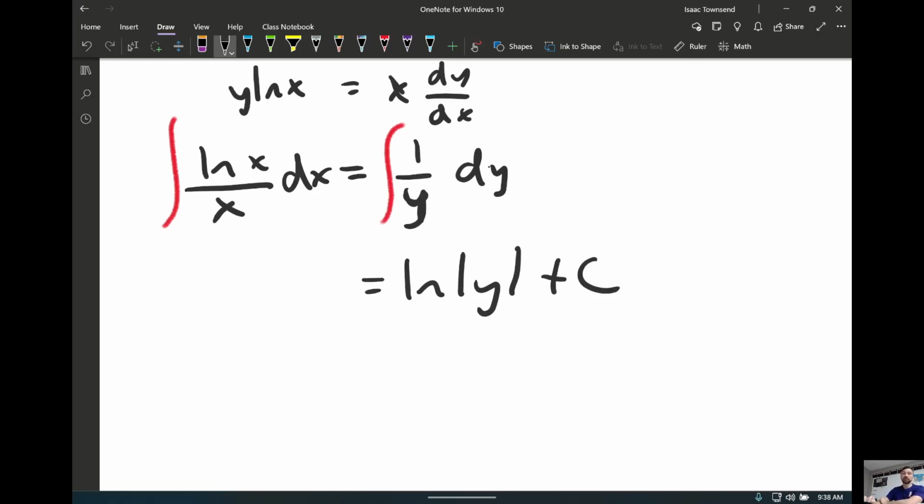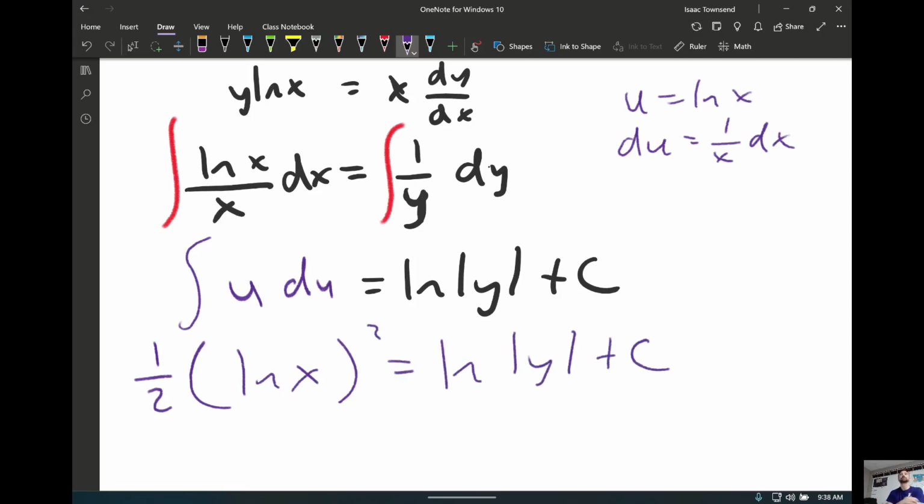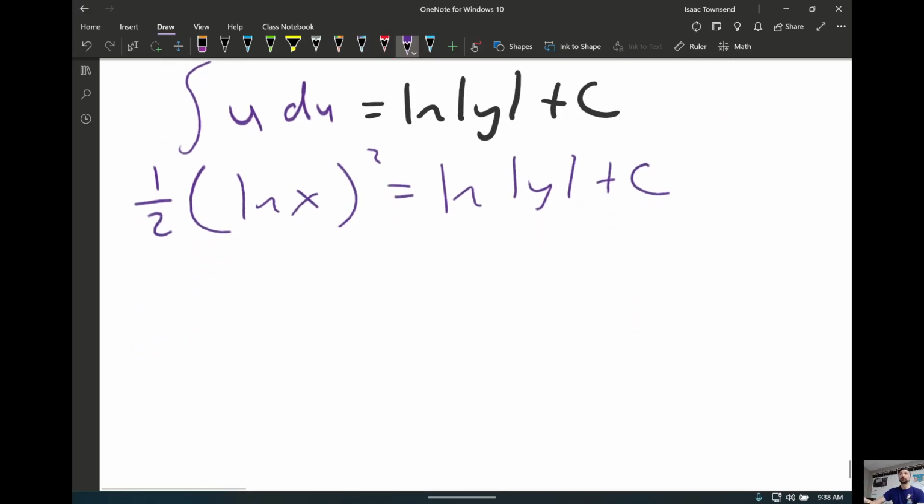This side, I could probably do this without u substitution, but if you feel more comfortable doing u substitution, at least you should know that you're on track. One half u squared.